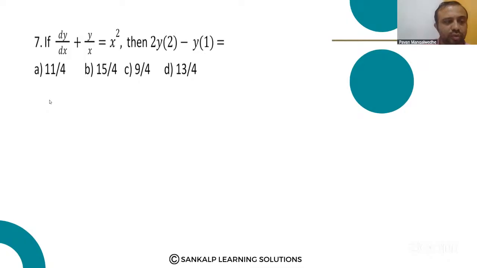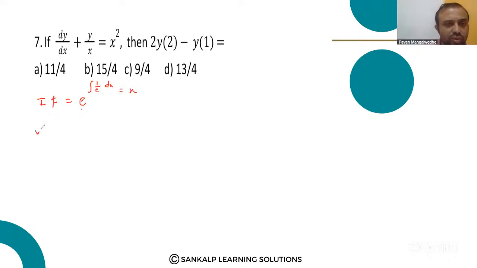So try to find the integrating factor here. The integrating factor IF, of the standard form, you can get it as e raised to the integration of 1 by x dx, which is x.